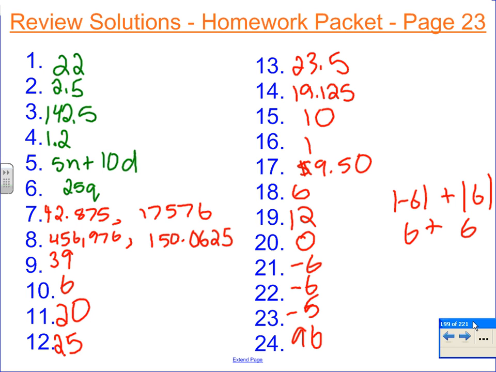The first part, you get 17,576. And then the second part of number 7 says plug in 3.5 for n. So 3.5 times 3.5 times 3.5, or 3.5 cubed, gives you 42.875.